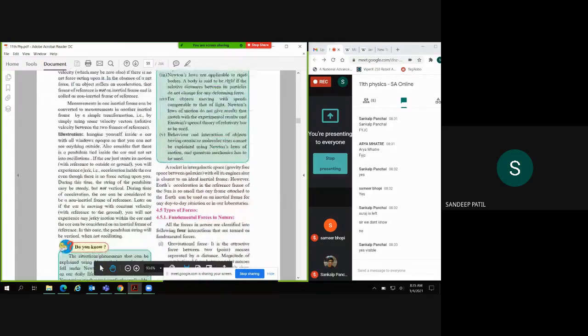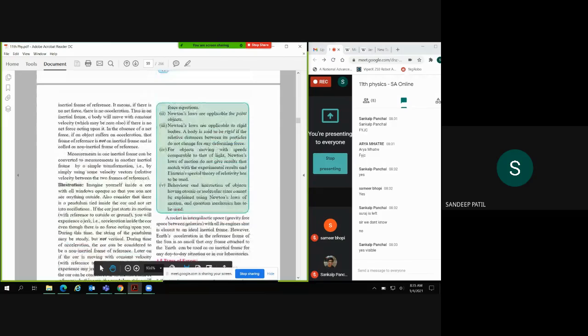So along with other forces, we have to write the mass into acceleration also. Newton's laws are applicable for point objects. Whenever there is a point object, it is applicable. Otherwise, if it is spherical or has some volume, then it may not be applicable.